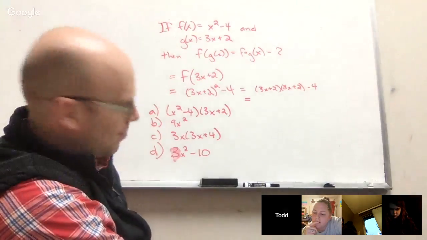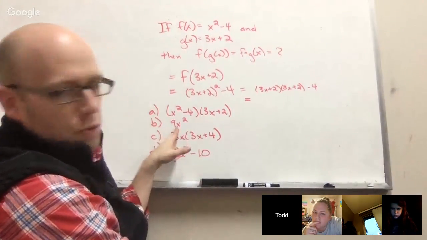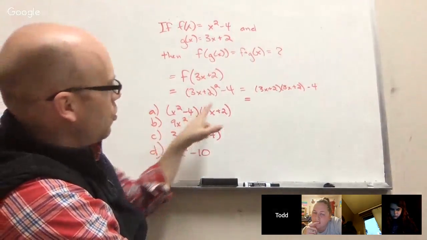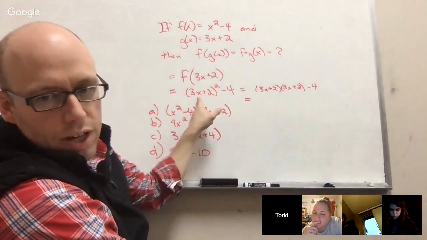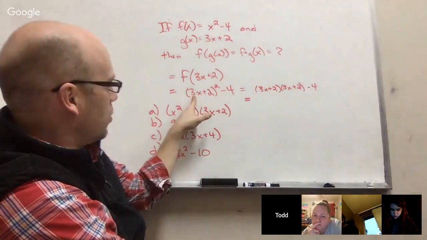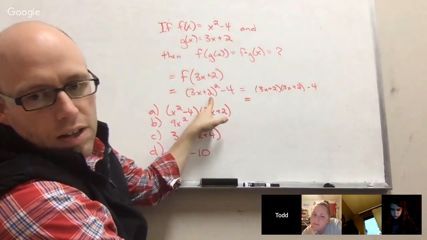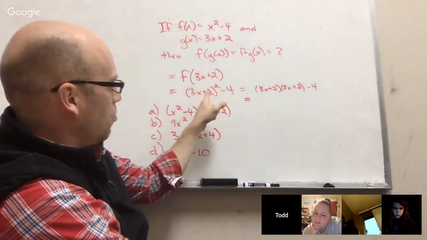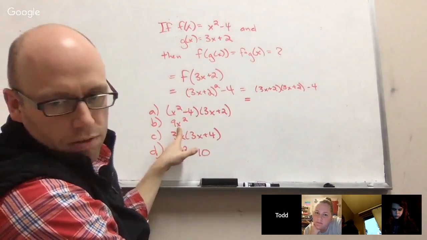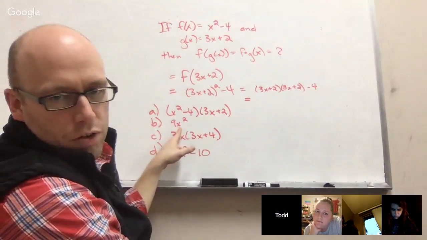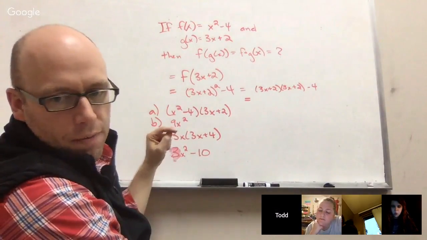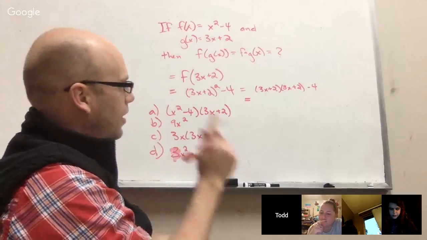No. Good call. That's why they put this one here, to try to catch you. 3x plus 2 quantity squared is not just 3x quantity squared plus 2 squared, and then you'd get 9x squared plus 4 minus 4, which is 9x squared. So that's where they're trying to catch you on that one. Tricky practice. We see you.